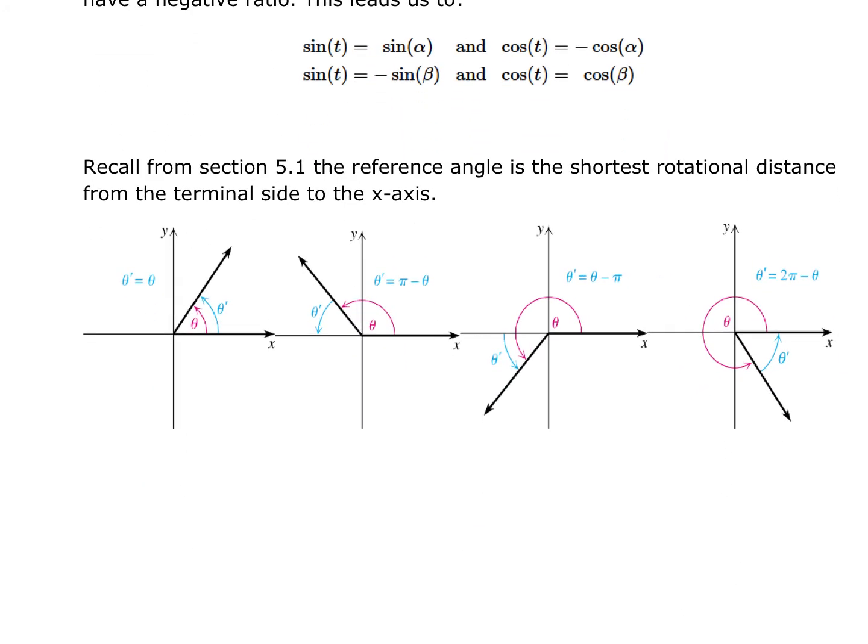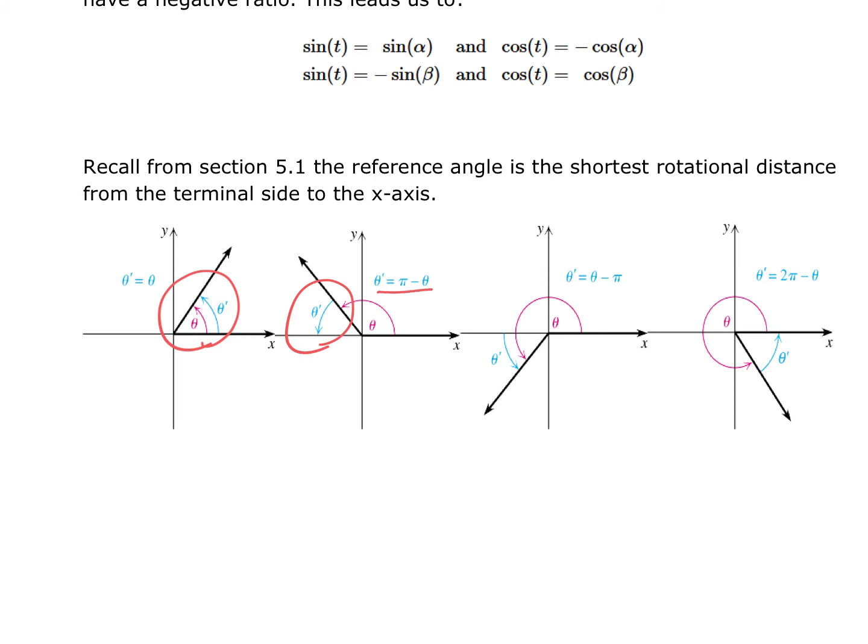A reference angle is always the shortest distance from the x-axis to the terminal side. Notice if we're in quadrant 1 and our angle is less than pi over 2, they are the same value. If we're in quadrant 2 and our angle is between pi over 2 and pi, you find your reference angle by subtracting your angle from pi.